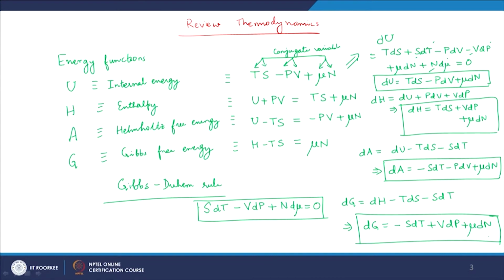Okay. So, now we have pretty much derived the 4 relations that characterize the 4 energy functions U, H, A and G. I want to note down a thing here. The first thing I mentioned about the conjugate variable: if I look at this particular relation, what is appearing inside the derivative is the one that you are actually controlling.